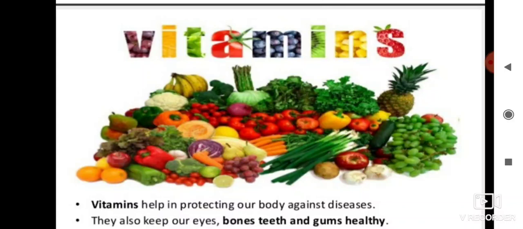Vitamins help protect us from diseases. Second, vitamins give glow to our body and are helpful for developing our skin. Vitamins help in protecting our body against diseases, and they also keep our eyes, bones, teeth and gums healthy.